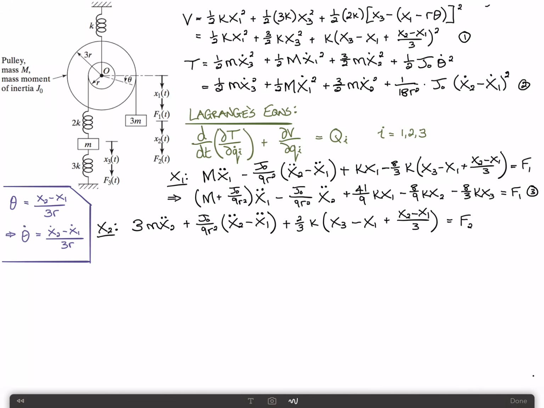Let's simplify it, starting off with x1 double dot. We got negative j0 over 9r squared, so negative j0 over 9r squared x1 double dot. We can group the x2s, so this is plus 3m plus j0 over 9r squared times x2 double dot, minus, let's look at the x1 terms.